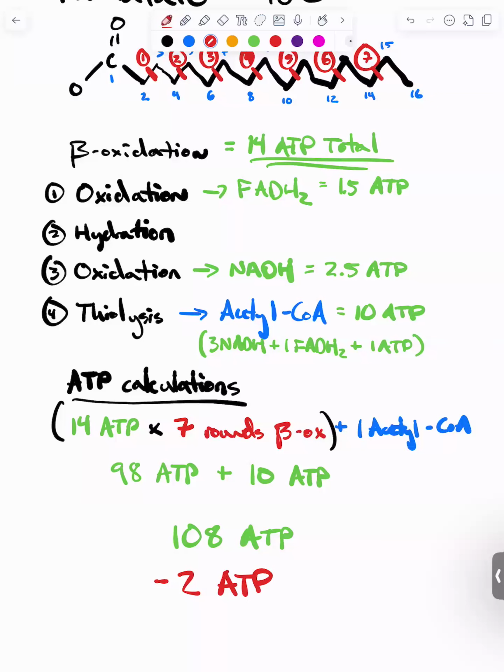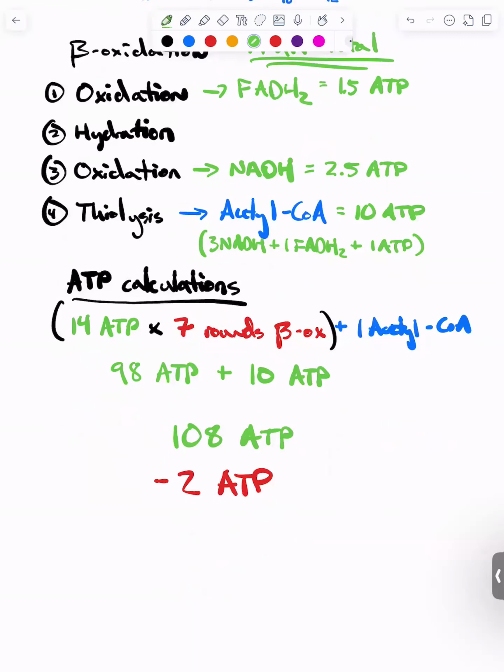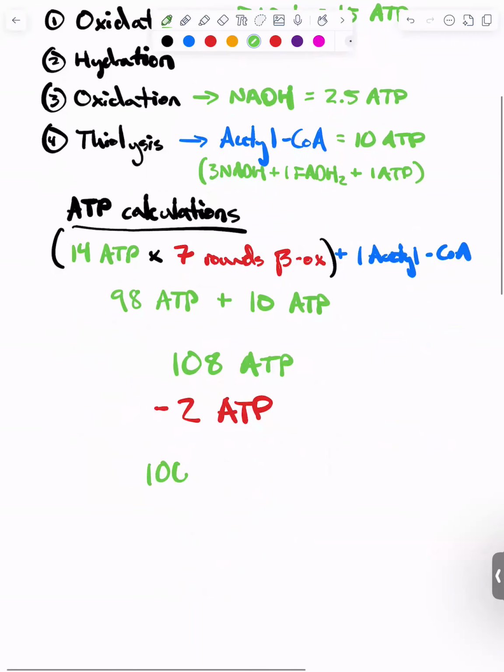Before anything happened, we had to use 2 ATPs to activate that fatty acid by attaching it to coenzyme A. So we always start with a -2 ATPs. And so the actual net of palmitate is 106 ATP.